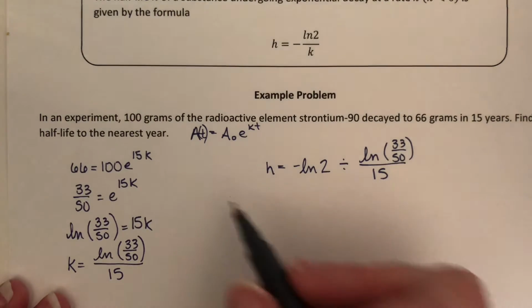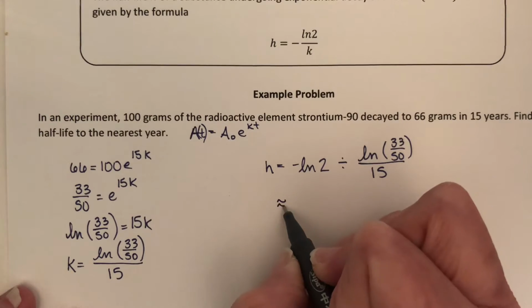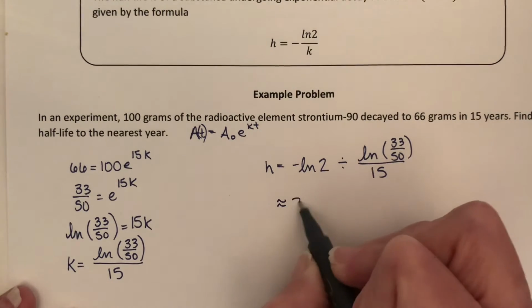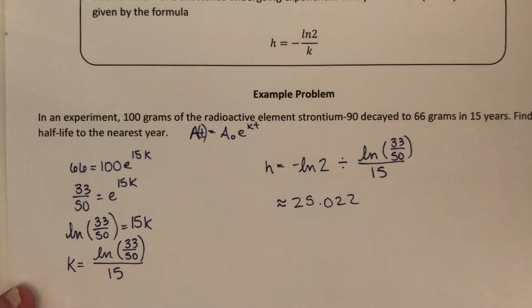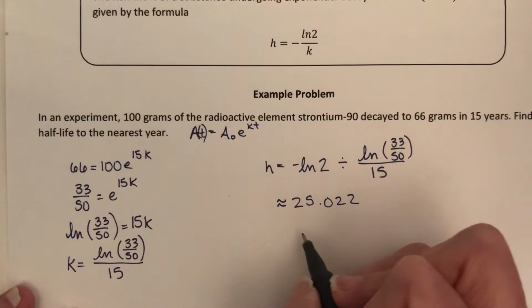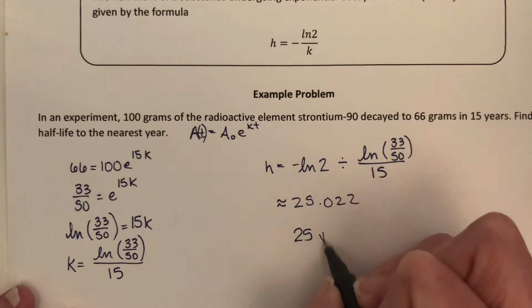If you plug this into your calculator, you will find that H is approximately 25.022. And then they ask us to round to the nearest year. So its half-life is approximately 25 years.